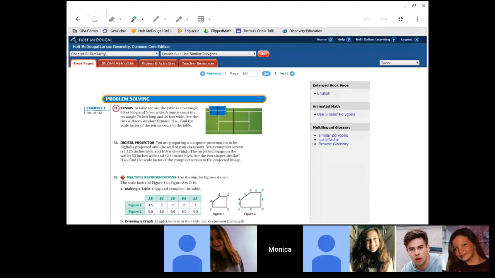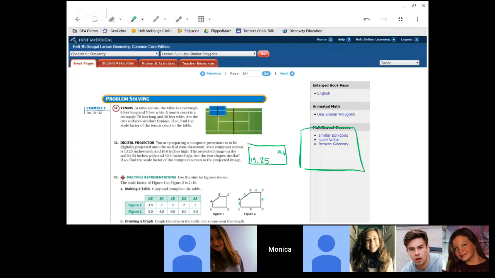So what you need to do is you're going to have to draw your pictures and label them, okay? So you've got your computer screen and then the wall of the classroom, okay? Drawings are not to scale. So your computer screen is 13.25 wide and then 10.6 inches high, right?